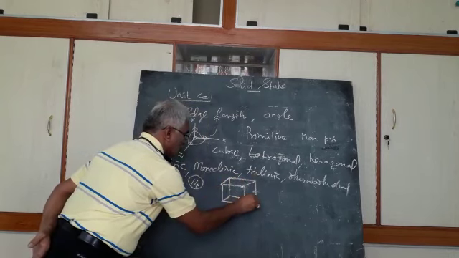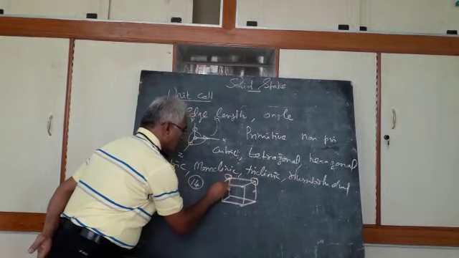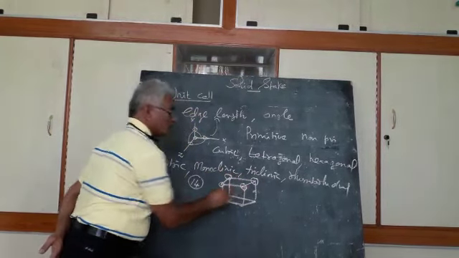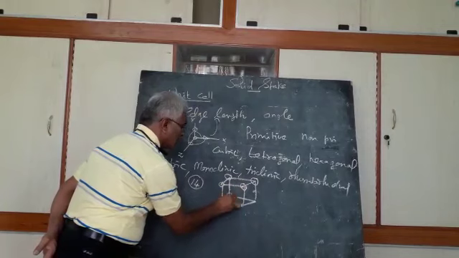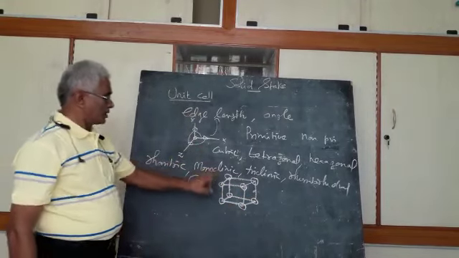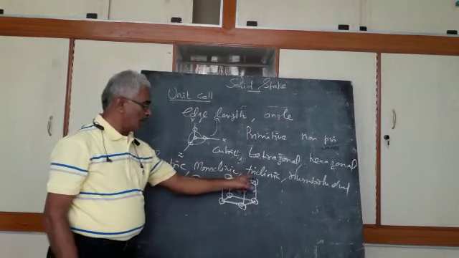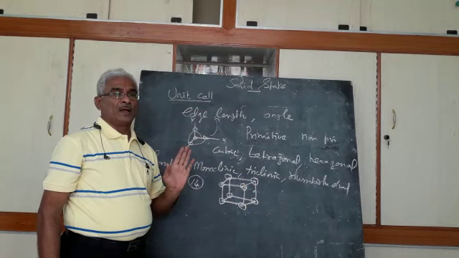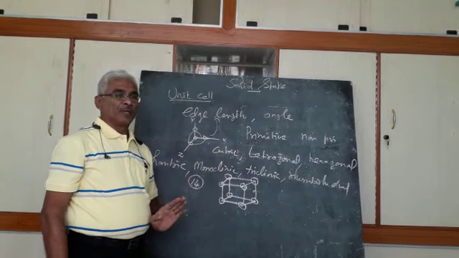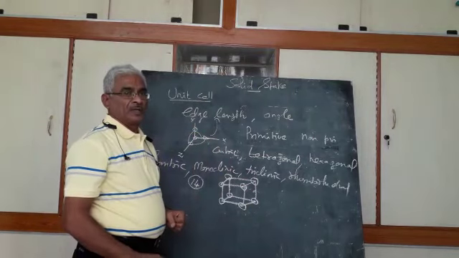If atoms are present at the 8 corners, these are called the corner atoms. This is cubic shape. Atoms are present only at the corners. So this is primitive.